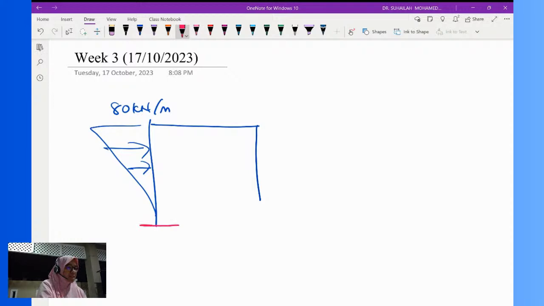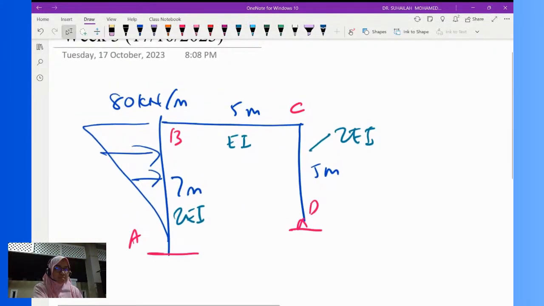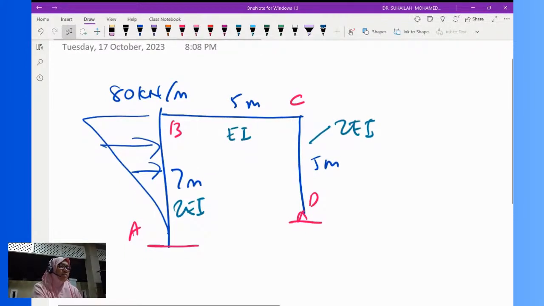Originally, this is fixed and pin at A, B, C, and D. The distances are 7 meter, 5 meter, 5 meter, and members AB and CD have 2EI, and this is EI. Okay, this is the frame. Using the flexibility method, we are going to analyze this.